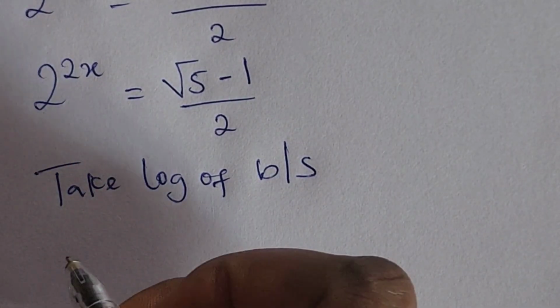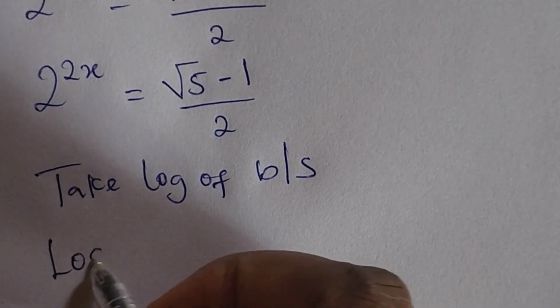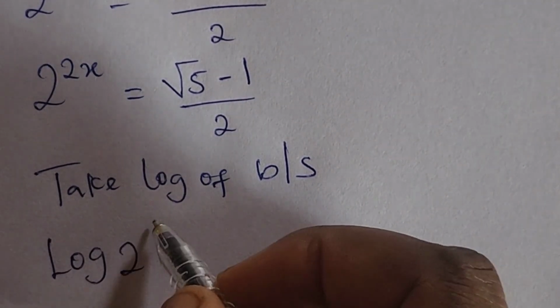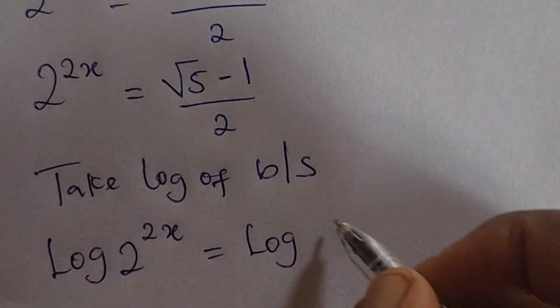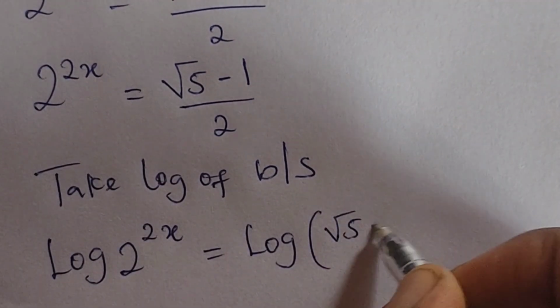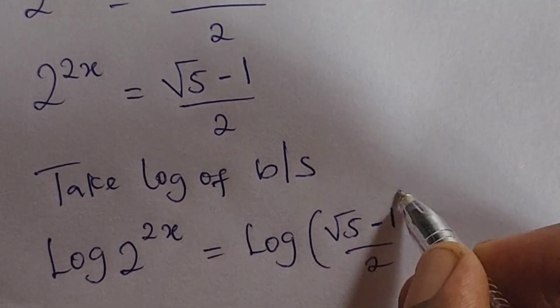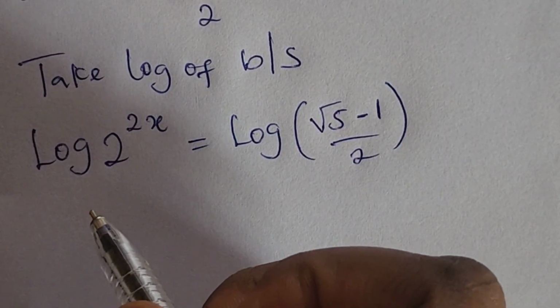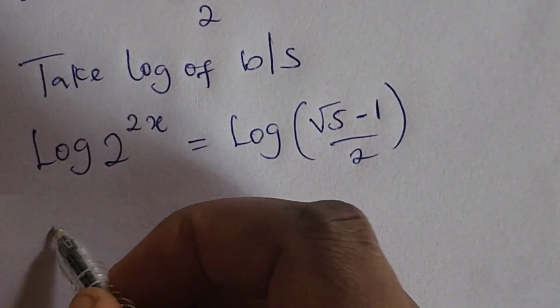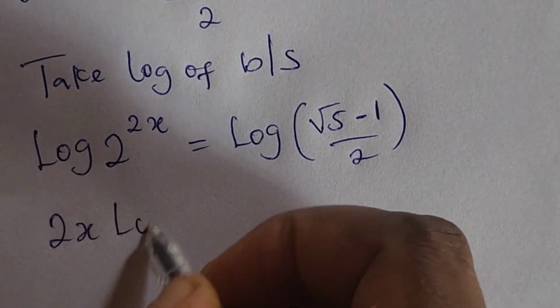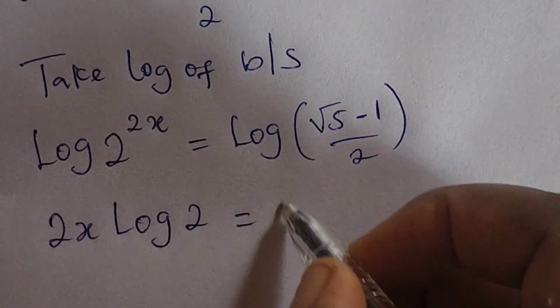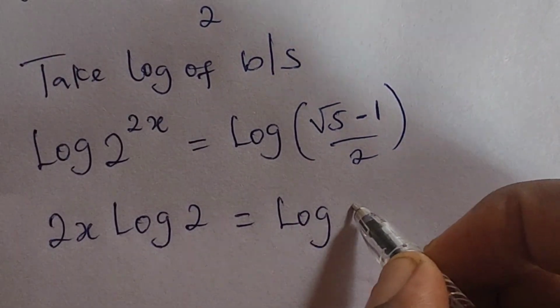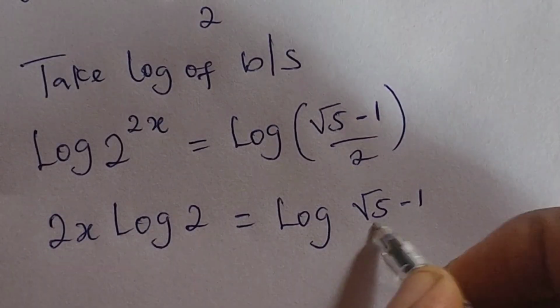To have log of 2 to the power of 2x to be equal to log of root 5 minus 1 over 2. So this will give us 2x times log of 2 is equal to log of root 5 minus 1 over 2.